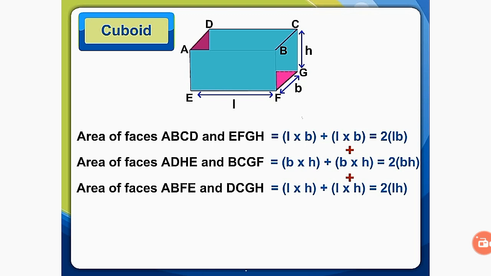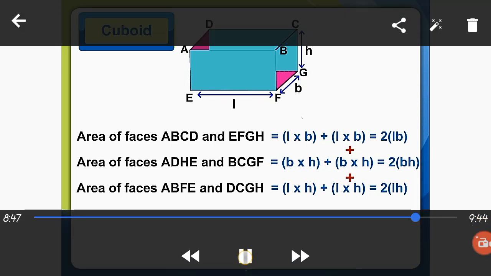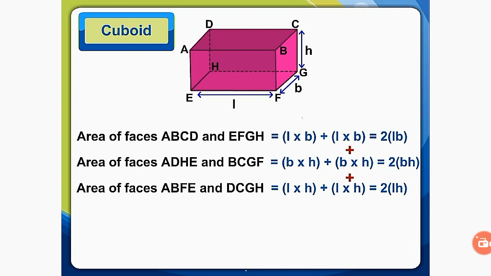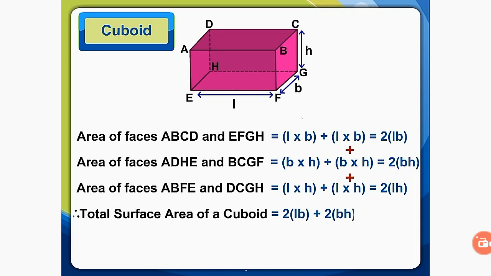So therefore, summing up all these areas to get the total surface area, total surface area of a cuboid is equal to 2LB plus 2BH plus 2LH. With taking 2 as common, we will get the total surface area as 2 into (LB plus BH plus LH).